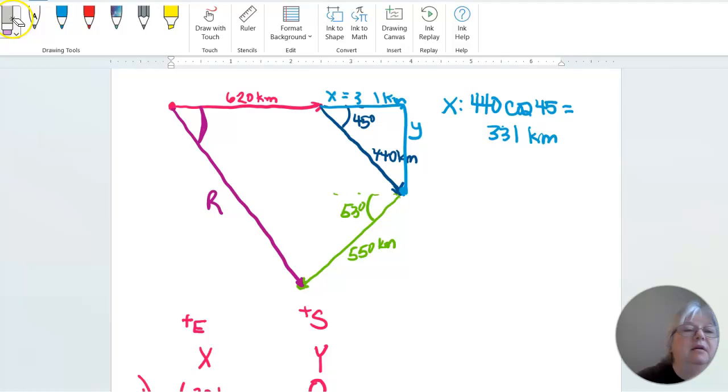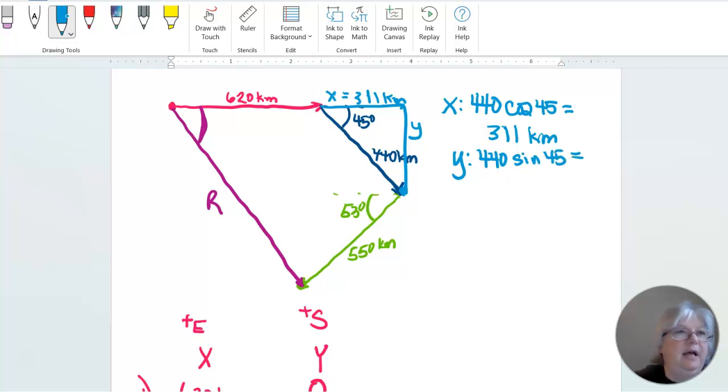So when my ship was making that leg of the journey, it essentially was traveling 311 kilometers to the east. I'm then going to do the same for the y direction. But if you remember correctly, at 45 degrees, your two legs are the same length. So that's going to save me a little bit of time.